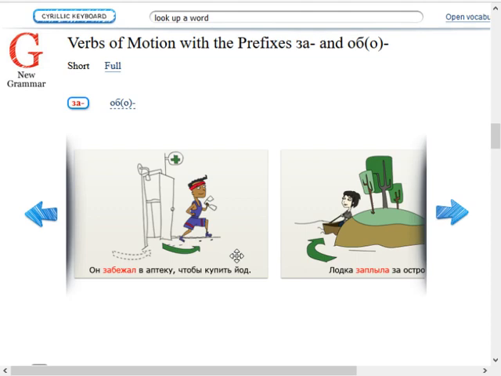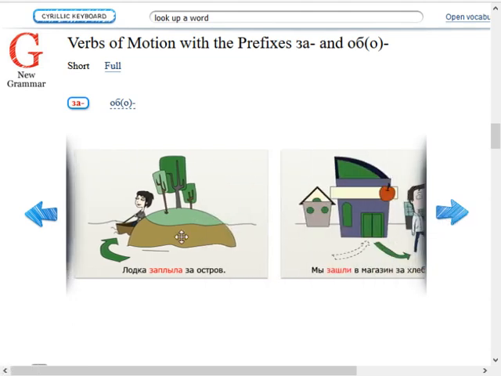I know it used to be commonly used as a disinfectant, but I don't think it's much used anymore. But maybe in Russia they still commonly buy iodine at drugstores. Who knows? Anyway, лодка заплыла за остров. So the boat went. За остров means it went behind the island. That part is clear. But again, why заплыла? That's not as clear.